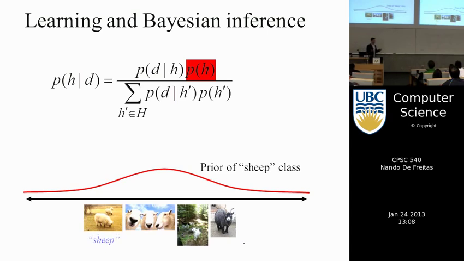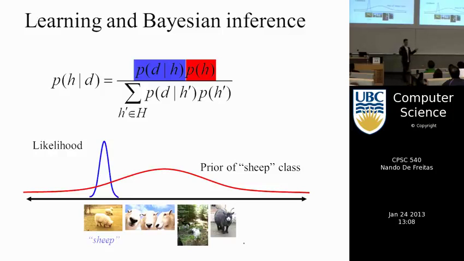And then she's going to the countryside with her parents, and the parents say, look, Alice, there is a sheep over there, and they point to it, and so she gets a label. So she had a model, but now there's a likelihood because there's data. So she has the probability of the data given the model, or the hypothesis in this case, in blue, in the equation and in the plot.